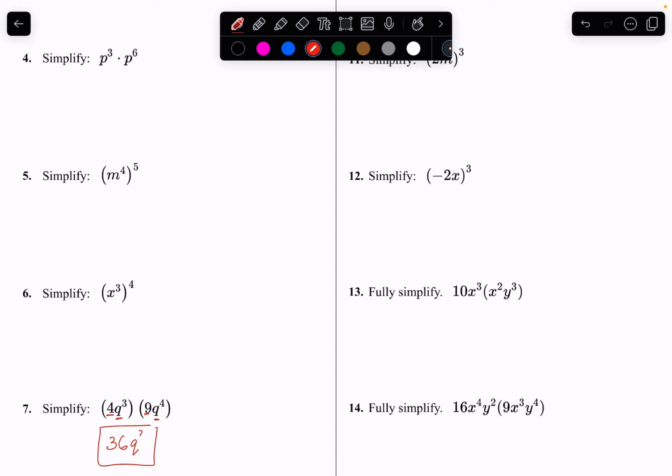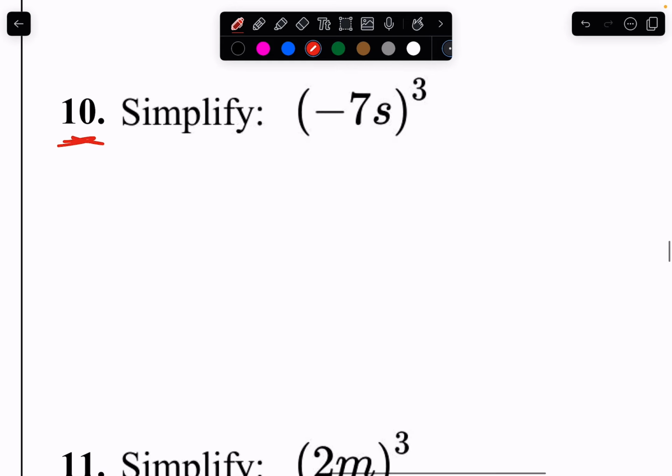All right. So here, we would distribute this power of 3. Now, one thing to keep in mind, you want to make sure that when you raise actual coefficients, numbers to powers, that you put parentheses around those values. Now, when is this going to matter?